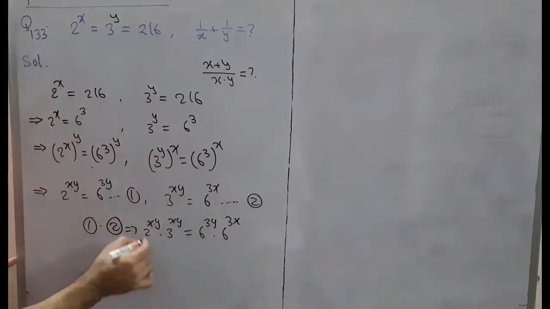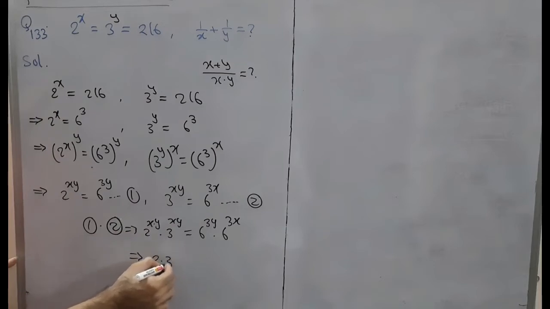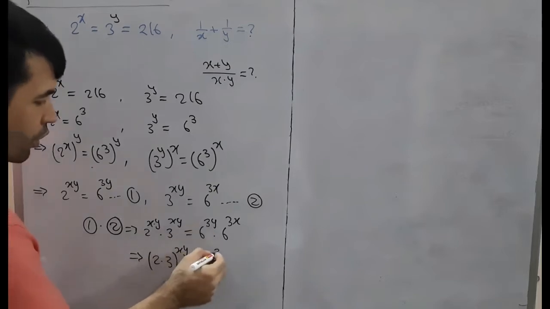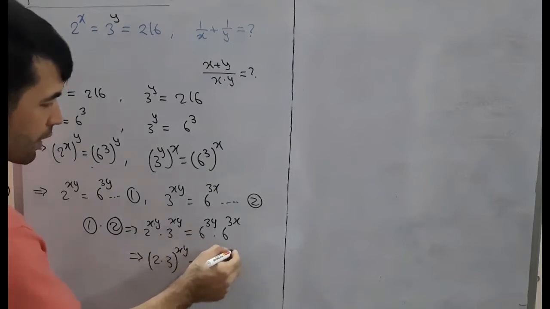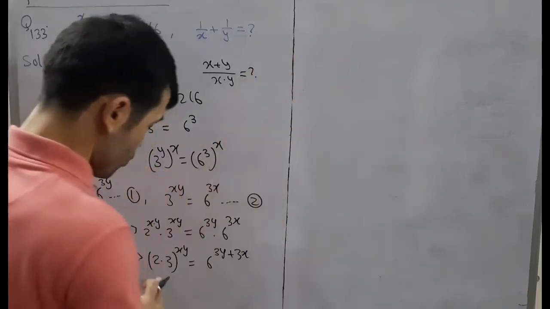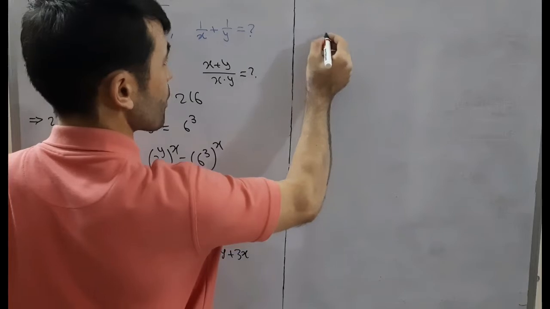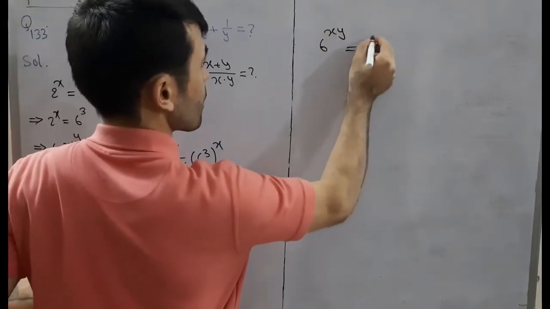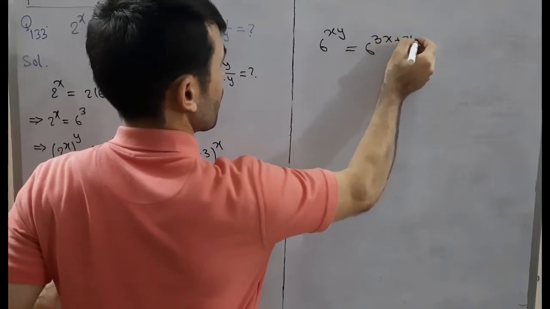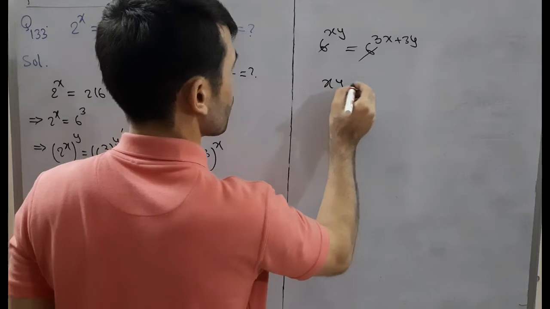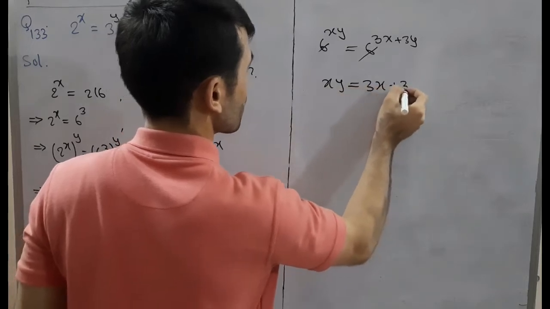This implies 2 multiplied by 3 whole to the power xy is equal to 6 to the power 3y plus 3x. Now 6 to the power xy is equal to 6 to the power 3x plus 3y. These are cancelled, then xy is equal to 3x plus 3y.